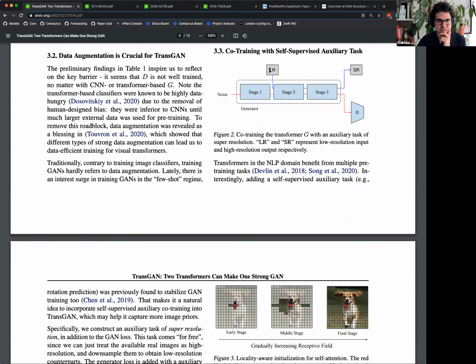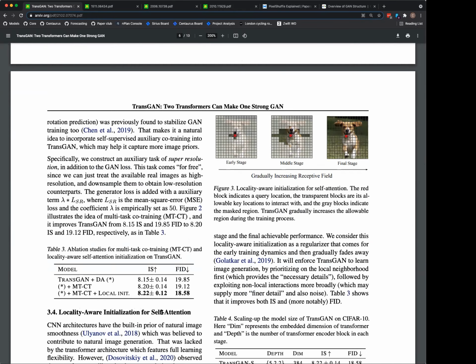But I still don't understand where this comes in. So it seems like the first stage is trying to create some legit representation of the world, and then the other two stages are just good at upscaling things. Yeah. Maybe without this parallel training, they wouldn't get as good at creating high resolution images. Makes sense.